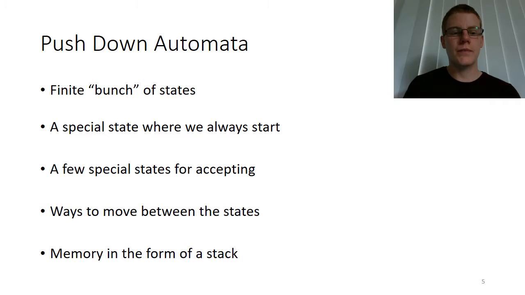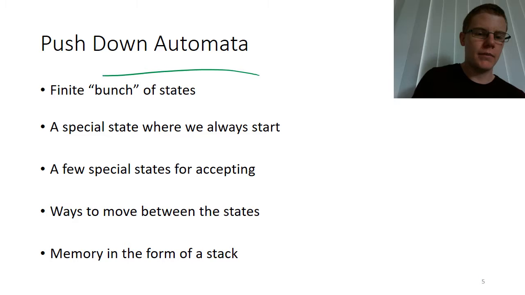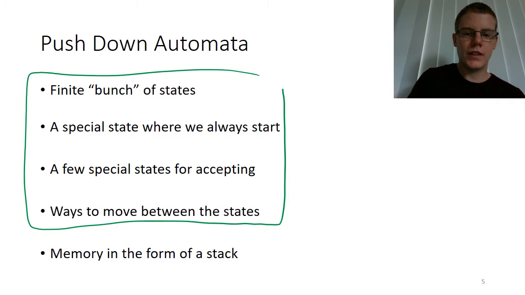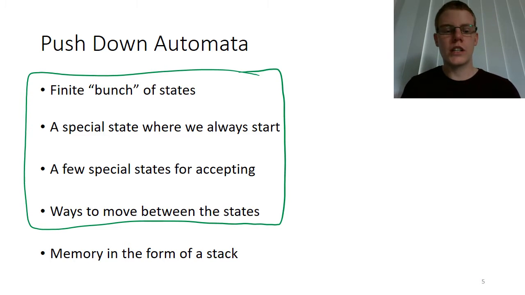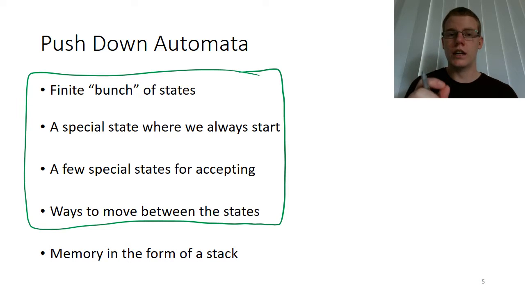Pushdown automata are all the exact same first four things, but with an additional memory in the form of a single stack. So one of the key things is that some of these original aspects change slightly when we add the stack. The finite bunch of states is still just a finite bunch of states. The special state where we always start is still just a single state in which we always start the machine.